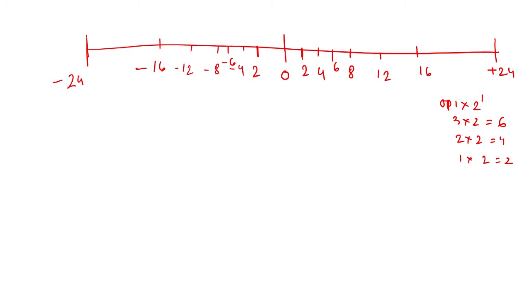Okay. So, now what are the other numbers you can represent? What we got is: we started with 3 and exponent 3, 2 and exponent 3, 1 and exponent 3, then again 3 and exponent 2, 2 and exponent 2, 1 and exponent 2, and again 3 and exponent 1.